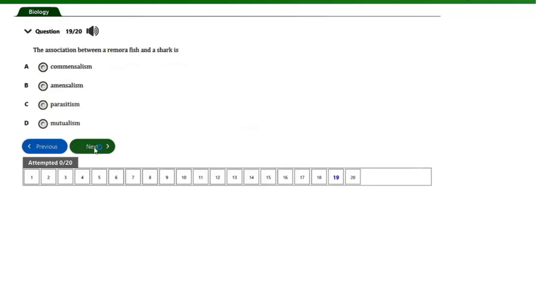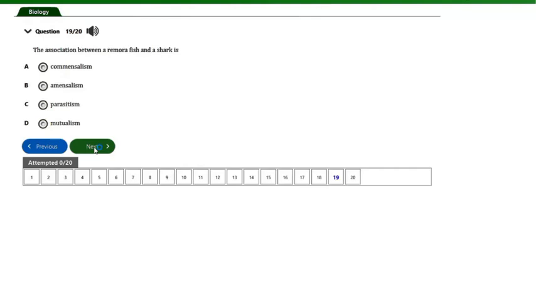That's question number 19. The question says, the association between a remora fish and a shark is A. commensalism, B. amensalism, C. parasitism, D. mutualism. So guys, the answer to this question is commensalism.